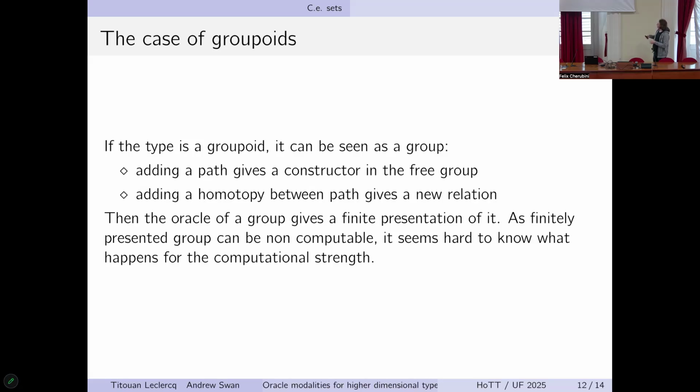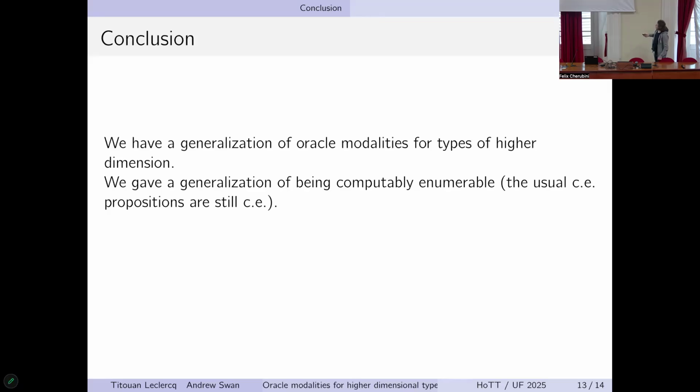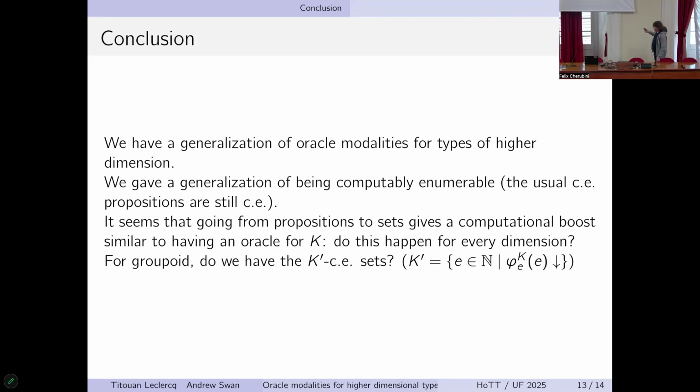So it's still not really computable when we have the oracle, which is why I'm not sure it would give really the computational strength of computing a group. So yes, we have a generalization for higher dimension, but we still have some questions.